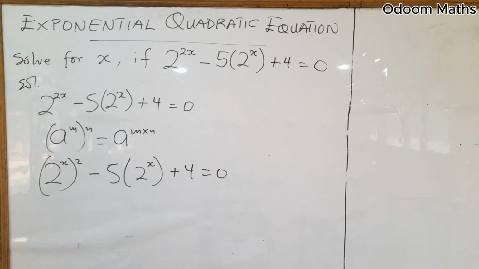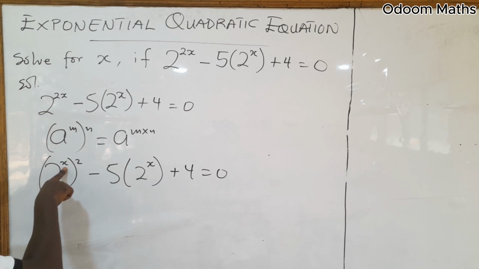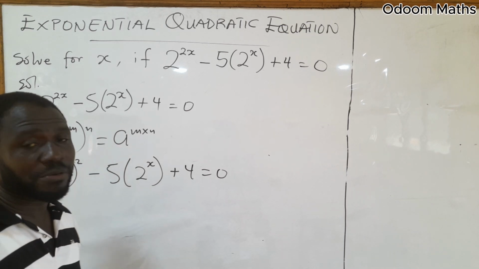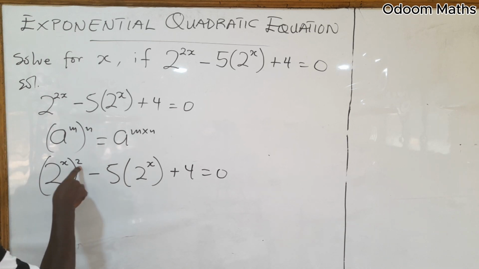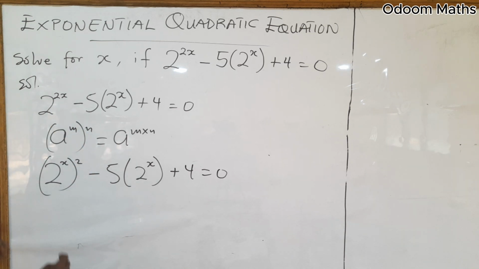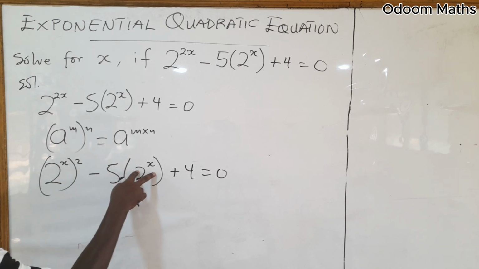I brought the x in because multiplication is commutative. When I interchange them, I'll get the same answer. x times 2 is the same as 2 times x, which is 2x.